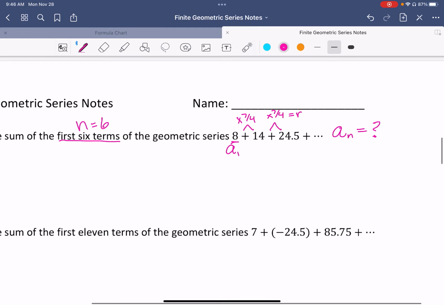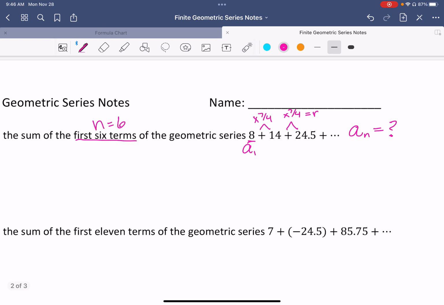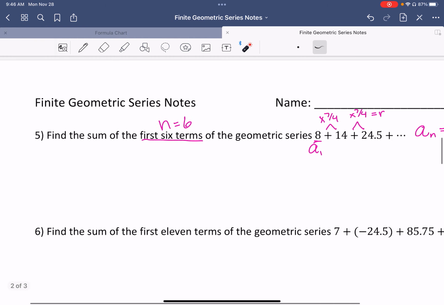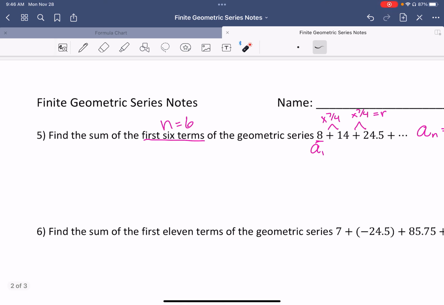Now let's look at our formulas, because this time we don't have the last term, but we have n. So this is when you have the last term, so we're not going to use this one, but we do have n, so we're going to be using formula 1 this time. So that is formula 1, S sub n is equal to a sub 1 times 1 minus r to the power of n over 1 minus r.